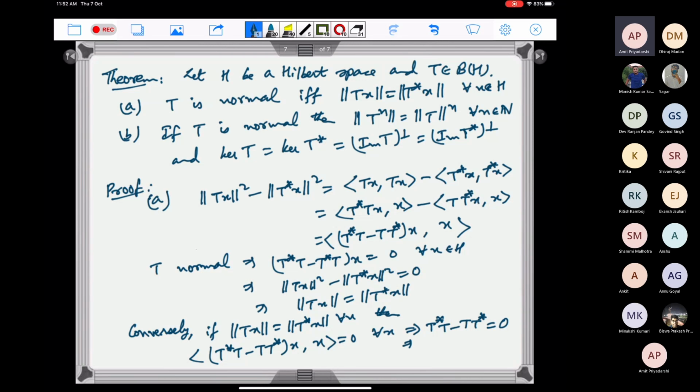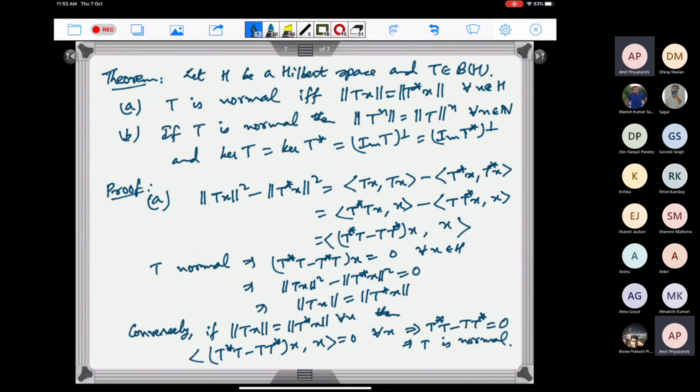So that will say that T is normal. So why is that?